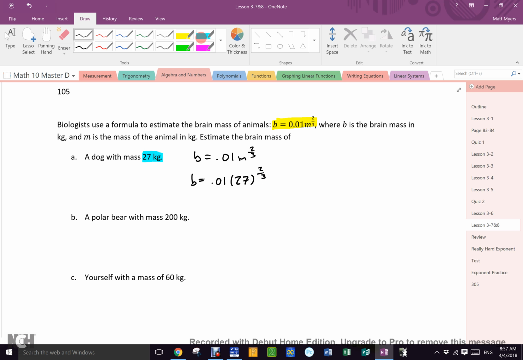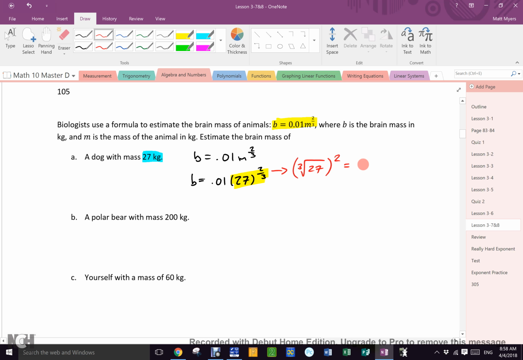What should I do first? The exponent or this 0.01? The exponent, because of BEDMAS, right? Can that be done without a calculator? Is that simplifiable? Sure it is. Because what is that? The cube root of what? 27 to what power? 2. What is the cube root of 27?